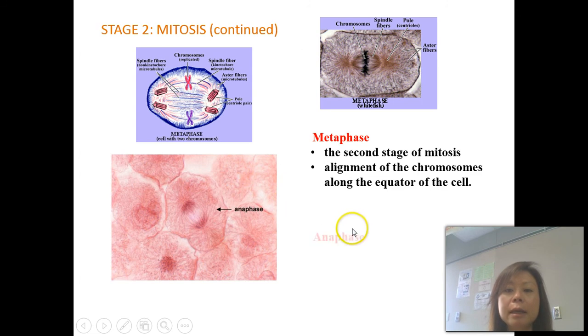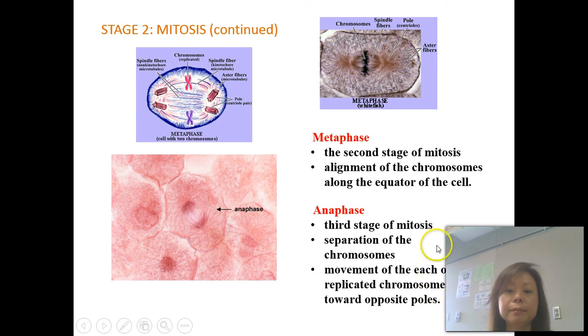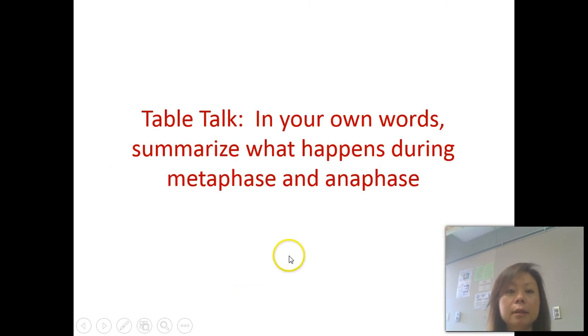Okay, and in anaphase, the chromosomes that were in the middle of the cell start getting pulled apart by the centrioles and the spindle fibers. See, this is an actual photo. You can see that the chromosomes are getting pulled apart. Okay, pause the video and please see if you can remember what happens during metaphase and anaphase.